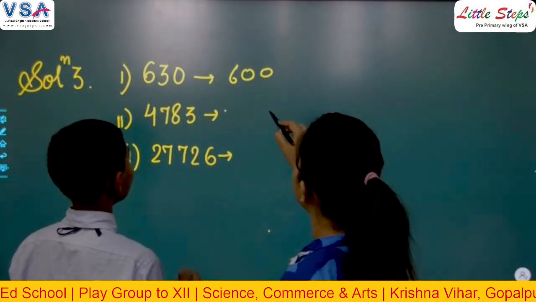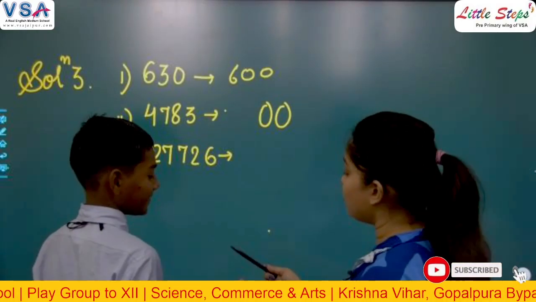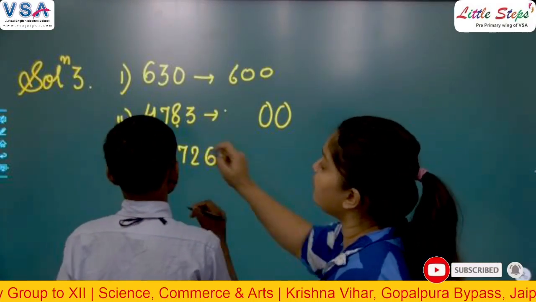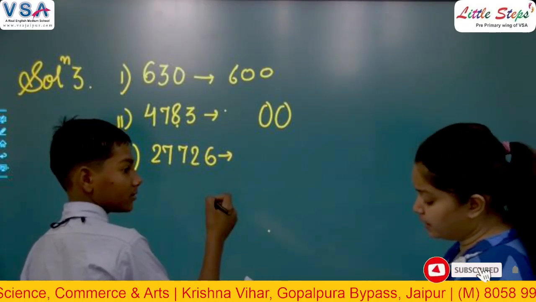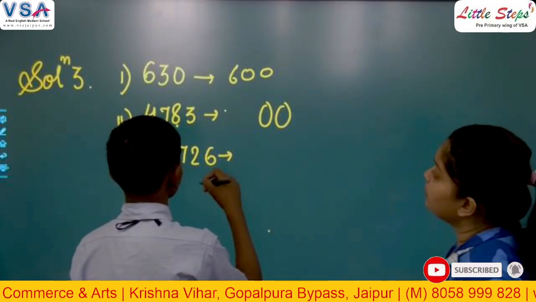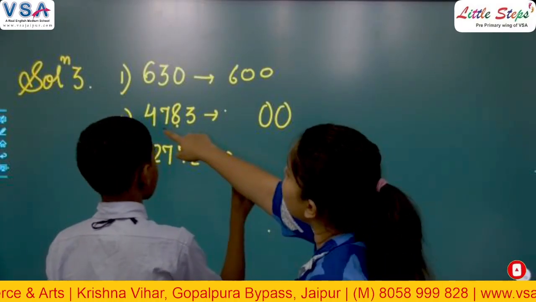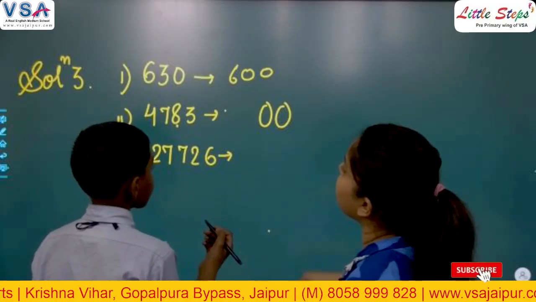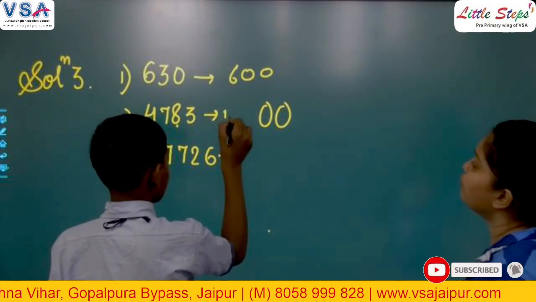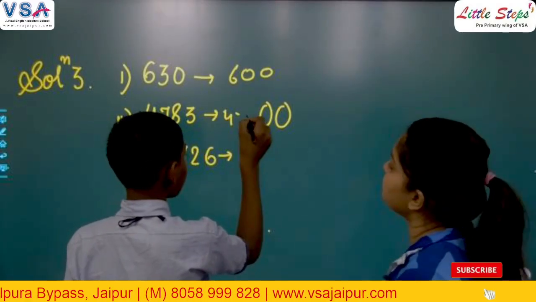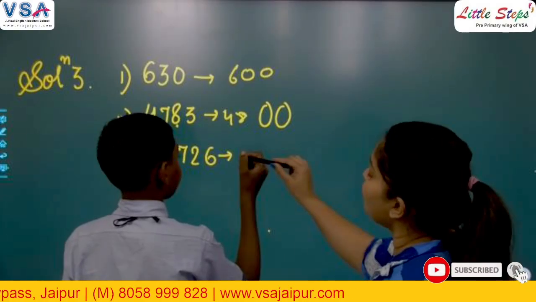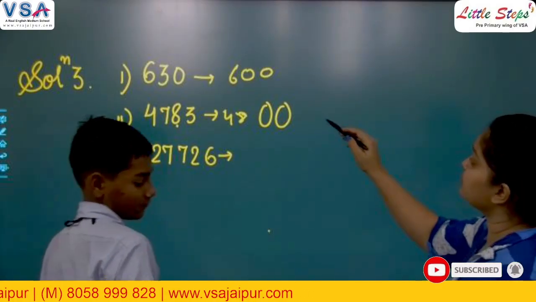Now, in the place of the last zero, what do we have? 8. Is 8 a bigger number or a smaller number? Tell me. Bigger number, na? So we will make 7 become 8. 4,800. Write down 4800. Yes. 4,800. Yes, good, Devraj.